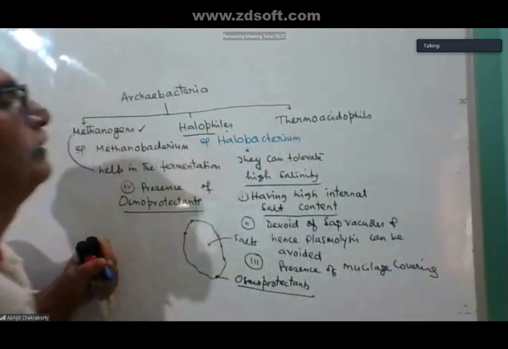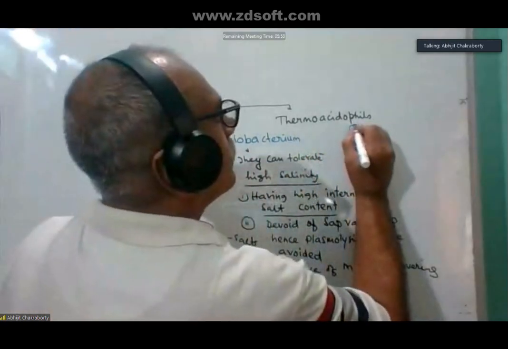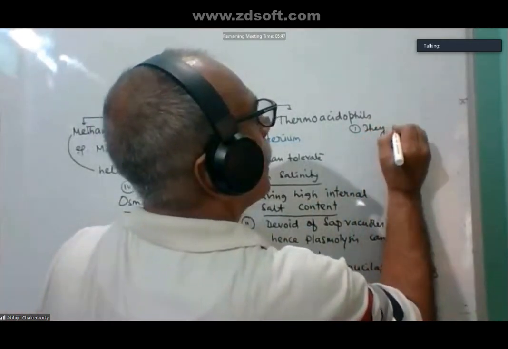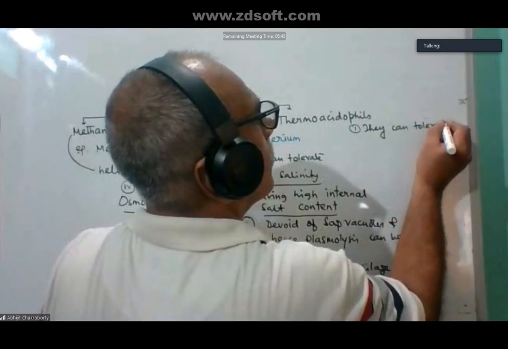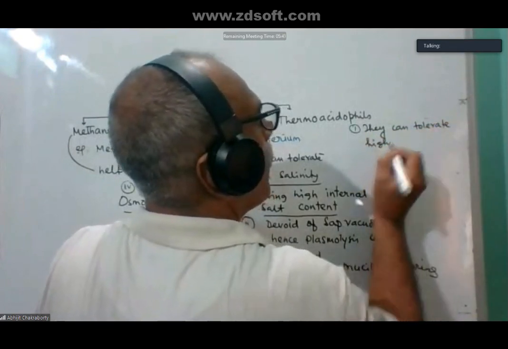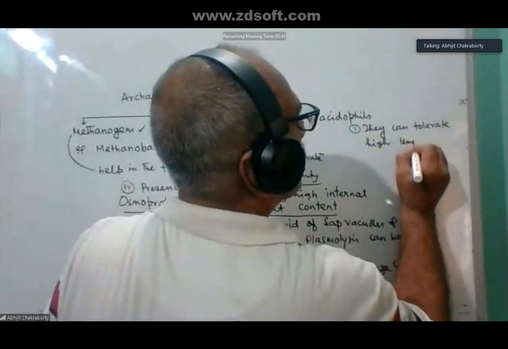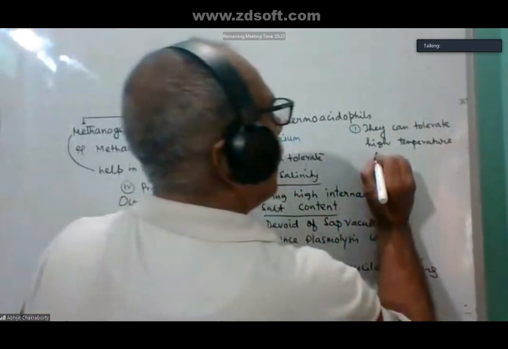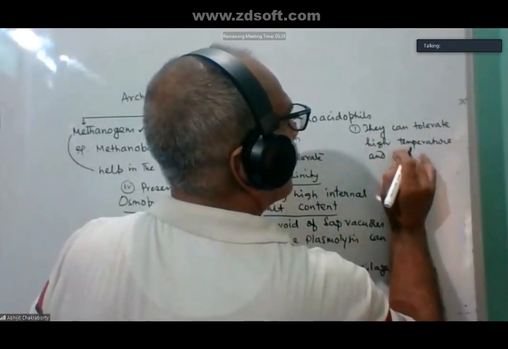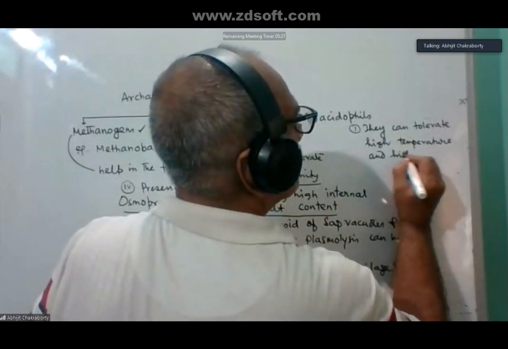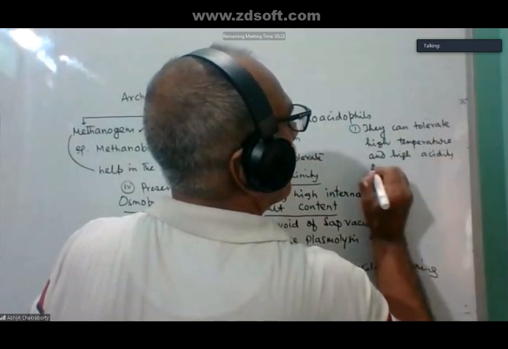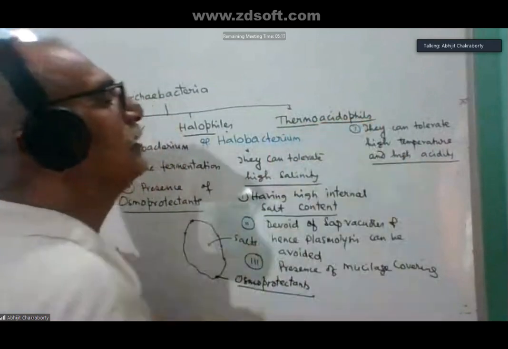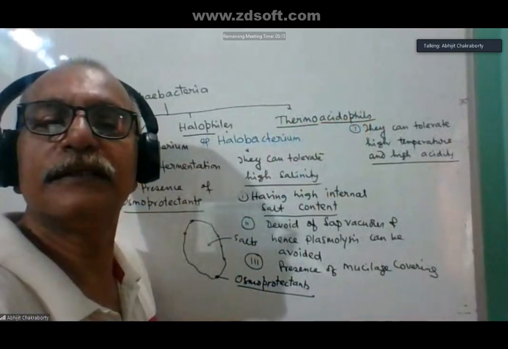Then thermoacidophils. They can tolerate high temperature and high acidity. That's why they are called thermo for temperature, and as they can tolerate acidic fields, they are called acidophils.